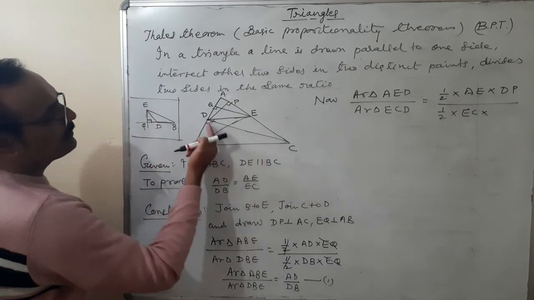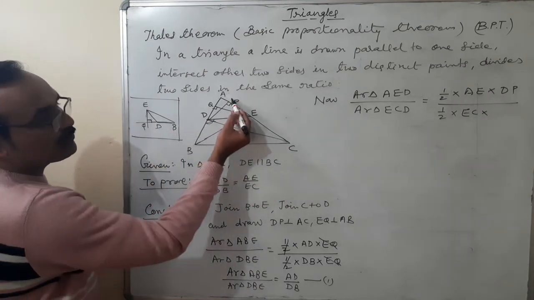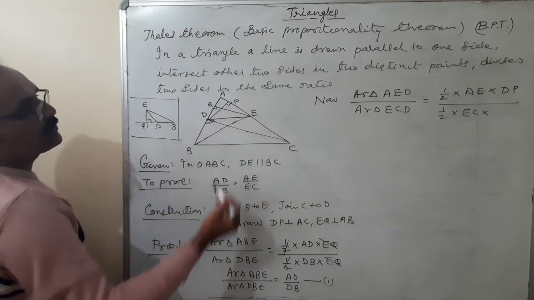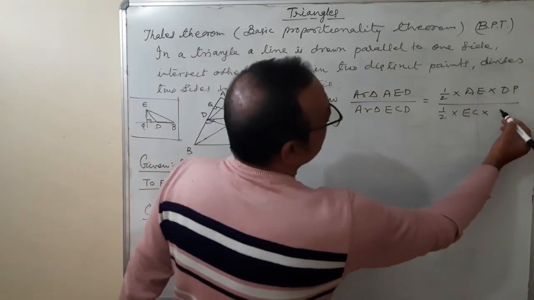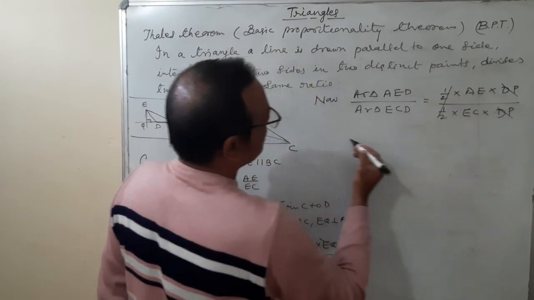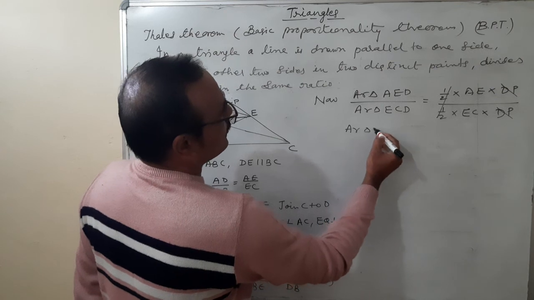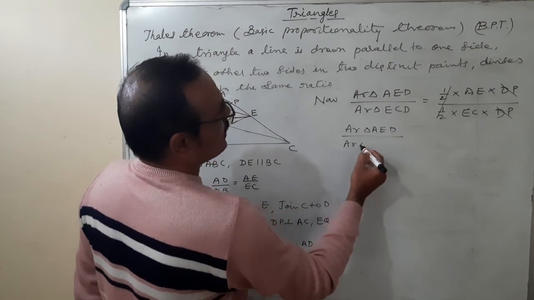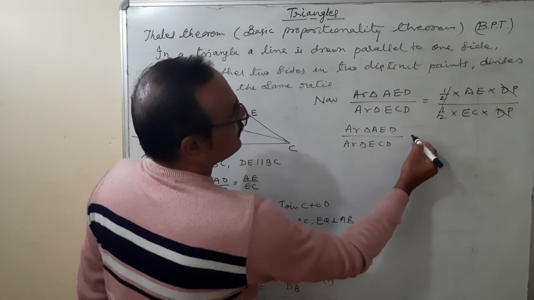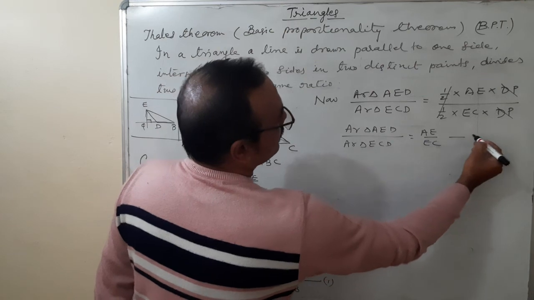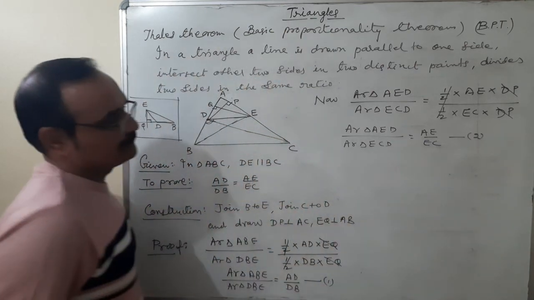For drawing the perpendicular through point D, CE will be extended. So the height is DP. Again 1 upon 2 and DP cancel. Area of triangle AED upon area of triangle ECD is equal to AE upon EC. This gives equation number 2.